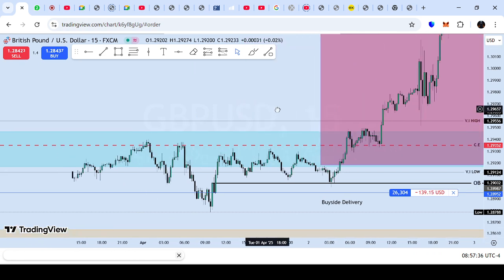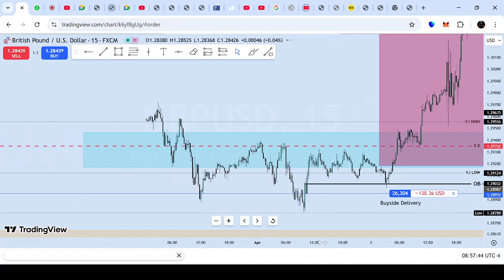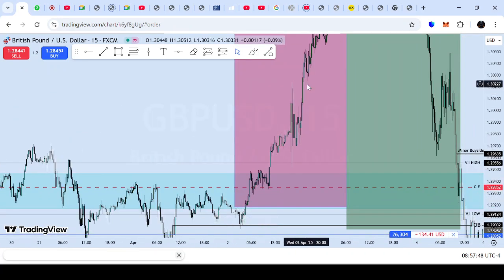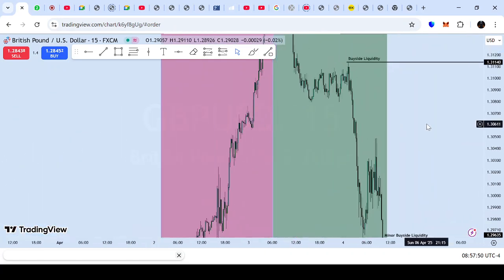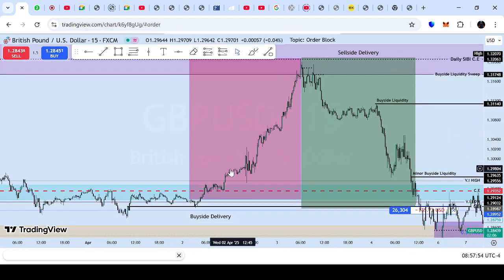If price is delivering a buy side delivery like this movement here, this is a bullish trend. This whole price movement, this whole range, is a bullish trend.